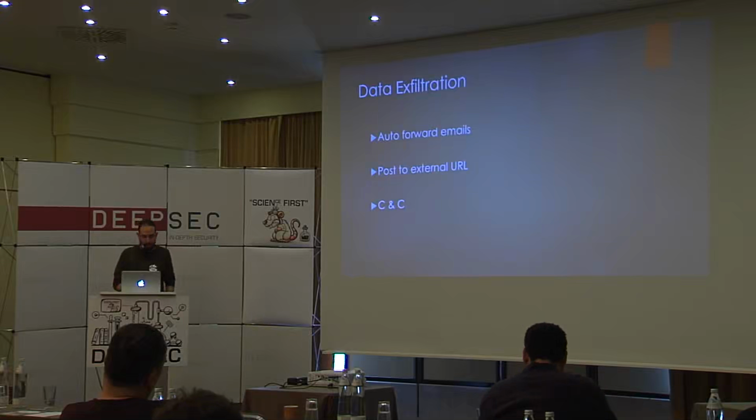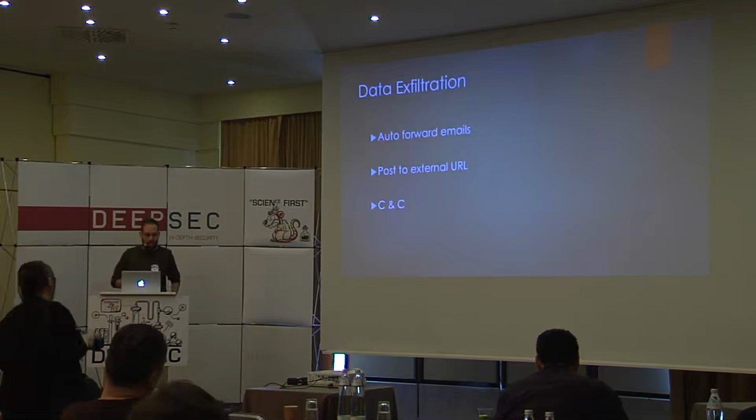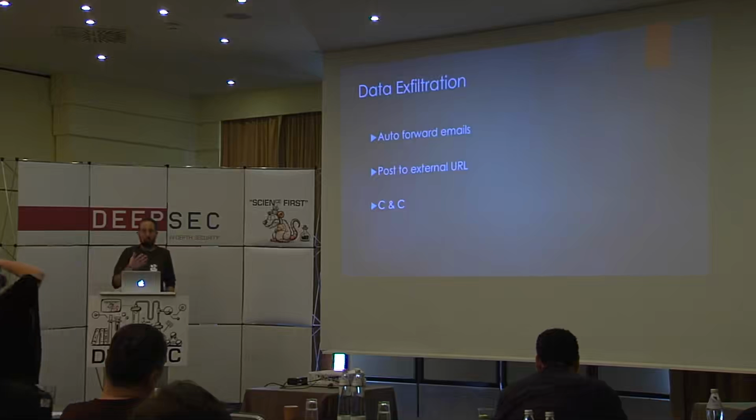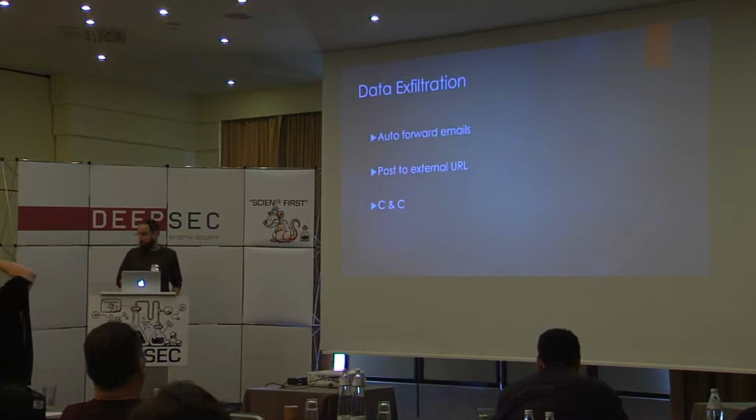This is where posting to an external URL comes into the picture. I can get the information out of a certain API and use the other in order to do an exfiltration, which is actually nice.